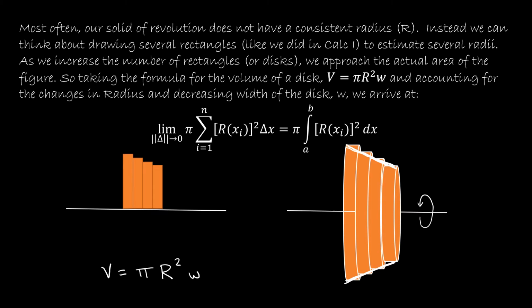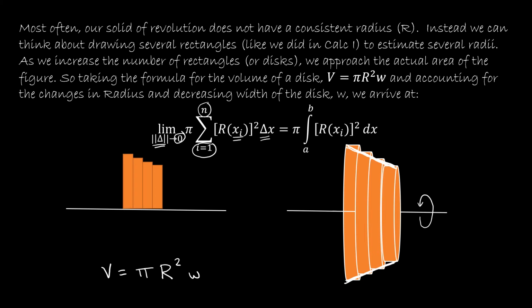Notice I'm talking about the norm, and we talked about the norm before in Calculus 1. Essentially, we're talking about the changes or differences in the widths, as that difference approaches 0, for i equals 1 to n, meaning for all of the different widths and all of the different radii.